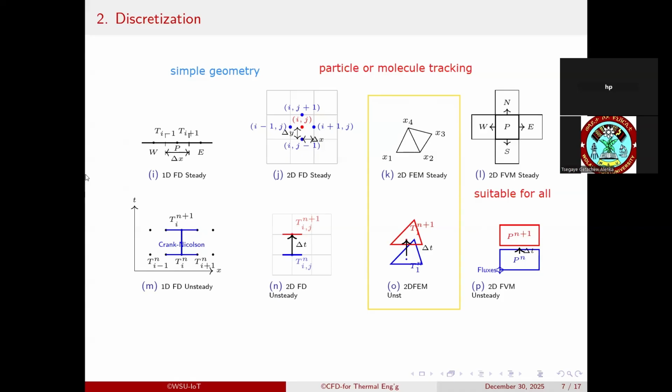Related with primitive variables, velocity, pressure, temperature, and sometimes species, in weak conservation forms.